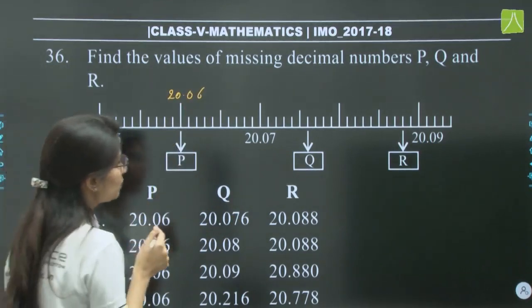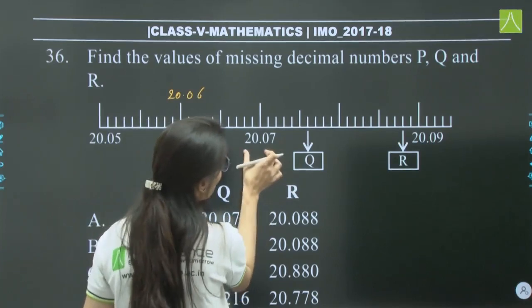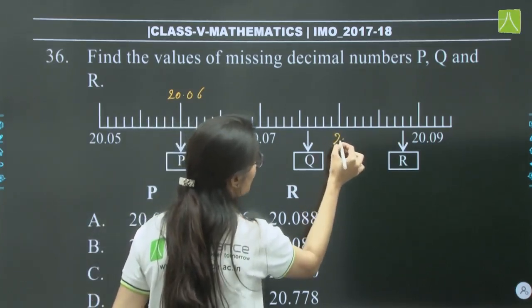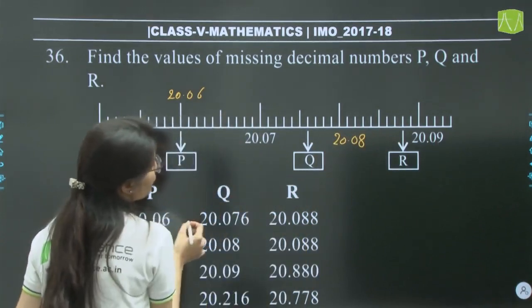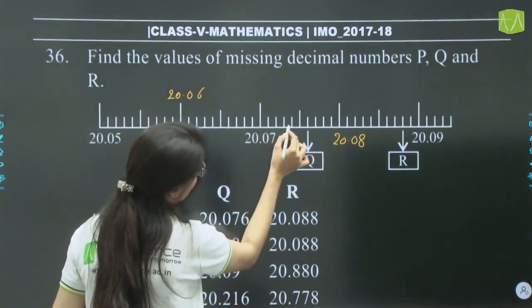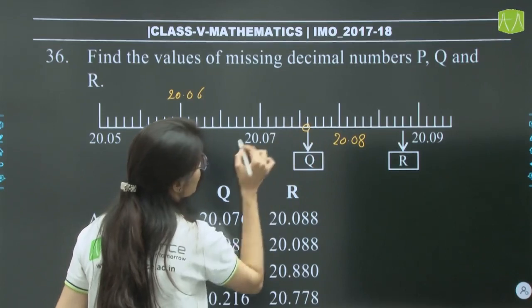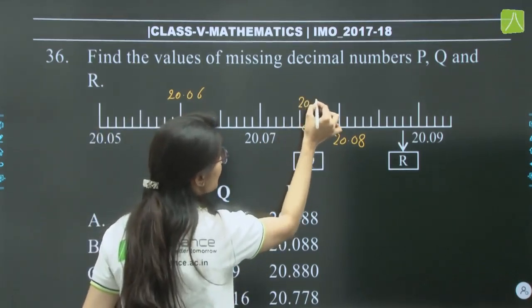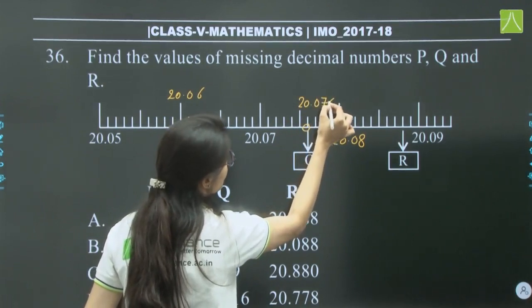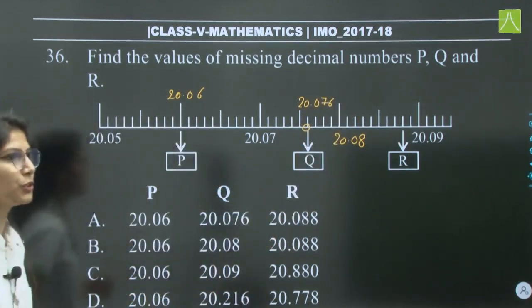Now for Q, see, this Q is between 20.07 and 20.08. So somewhere in between. And now if you check, this Q is at the 6th position: 1, 2, 3, 4, 5, 6. So this 20.07, when you write it as 20.076, this will be the value of Q at the 6th position.